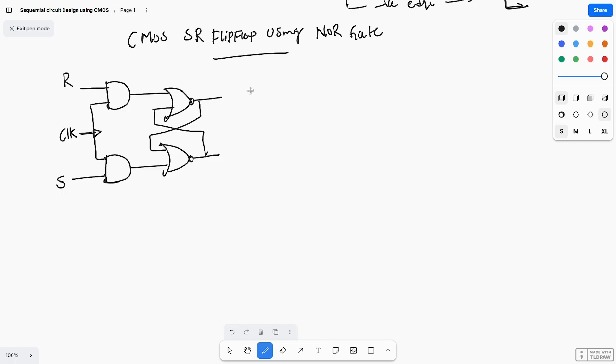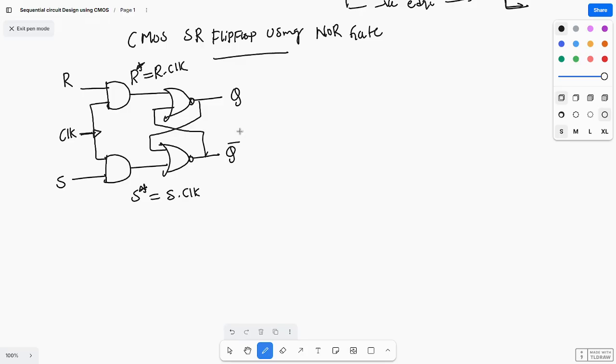Here the outputs are Q and Q bar. Let us take R star equal to R and clock, and S star equal to S and clock.